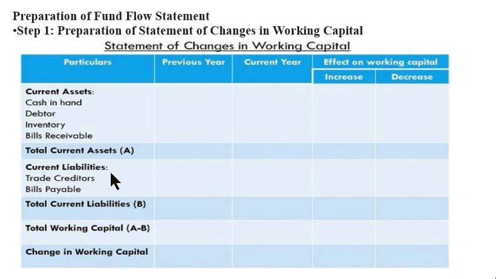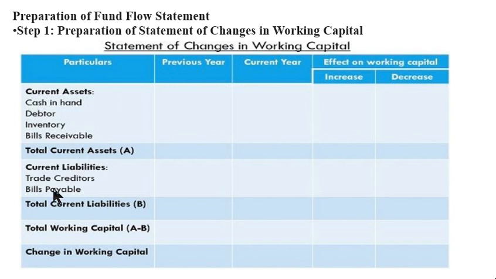But under current liabilities, when there is an increase in the current liabilities, there is a decrease in the working capital. If there is an increase in the current liability, it is a decrease in the working capital. So like that we have to show it here.